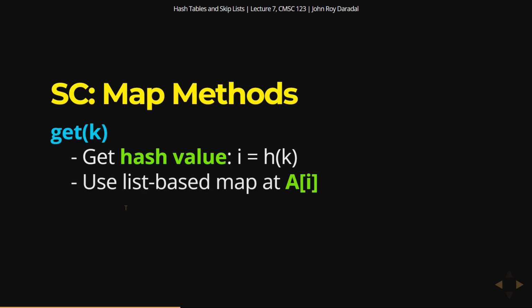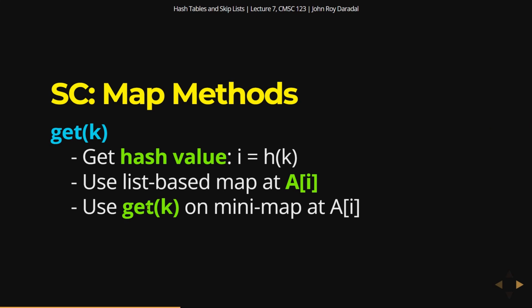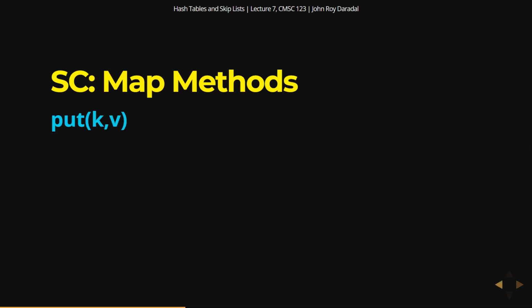We'll use the list based map at that index, A sub i, and then we will call get k on that minimap, because we know that this is also a smaller map at A sub i. So we'll just delegate the get call to this minimap. And then for put, it's more or less the same.